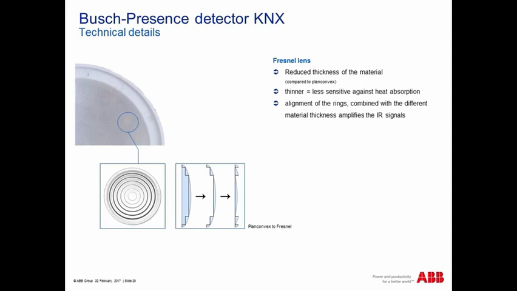This Fresnel lens is much thinner than the typical lens. That means you have a reduction of material, which means you have less interference and less absorption inside the material, and it makes the presence detector much more accurate.